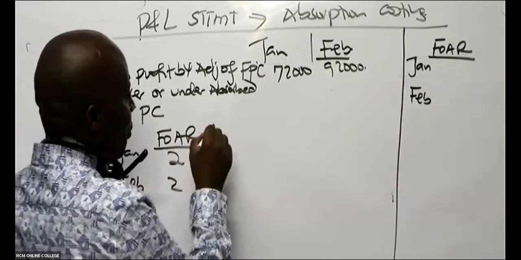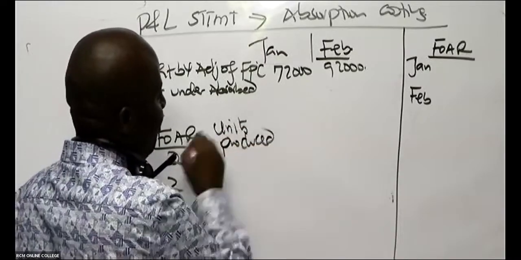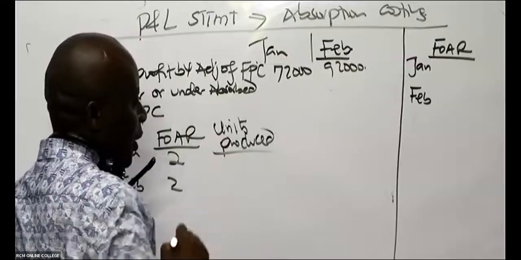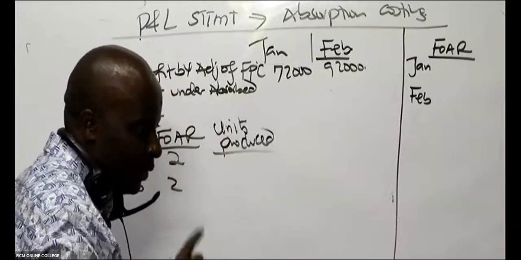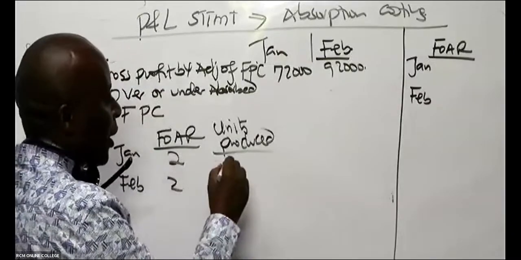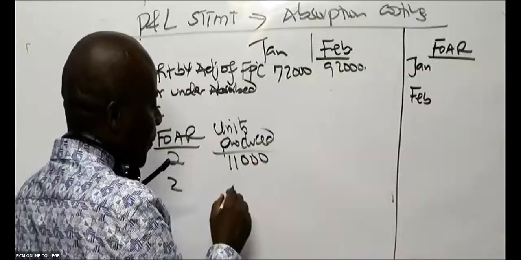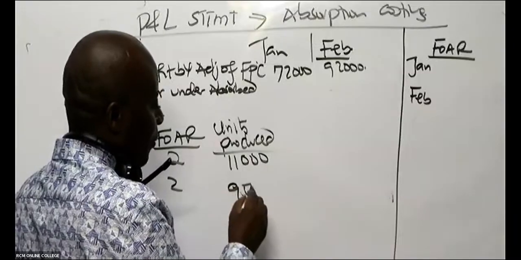Give me the units produced in the period. January we produced how many units? 11,000, isn't it? February we produced how many units? 9,500.